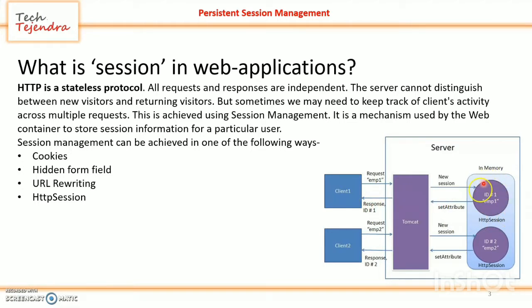In that case, this session will be deleted from the memory of Tomcat. If client 1 then sends a request to Tomcat again, Tomcat will treat it as a new request and create a new HTTP session object, and all the data previously stored in the session object will vanish. So let's move to the next slide.